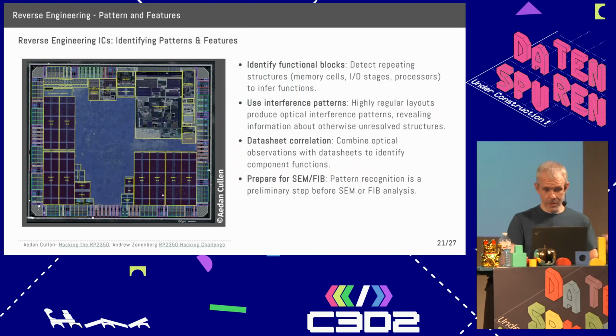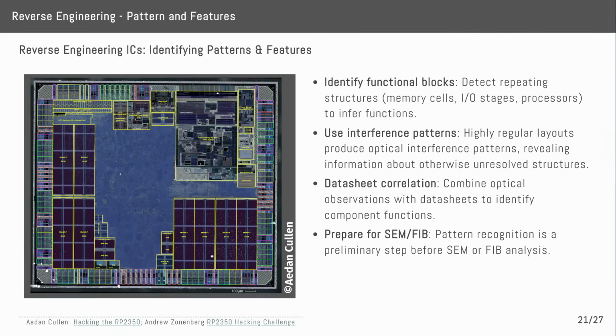The next thing that you typically do is try to identify certain patterns and features on the chip. If you have some experience, or I think even without experience, you quite quickly see what memory is, because it's a really homogeneous structure. But if you have more experience, you can differentiate between different memory types.